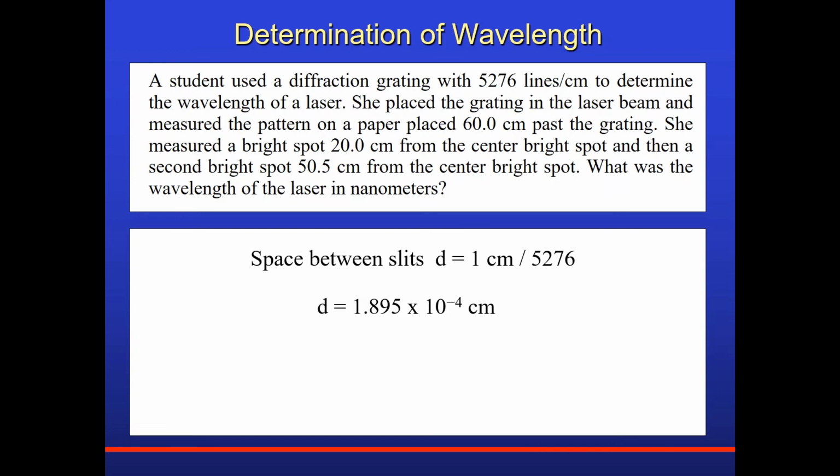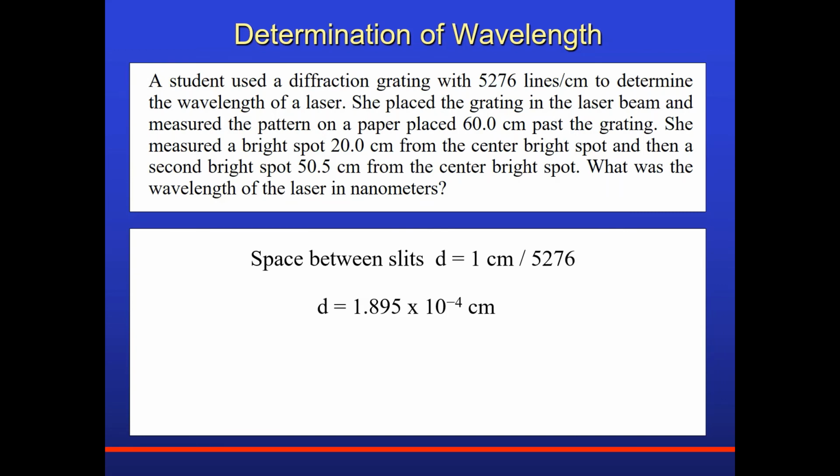But remember, the answer at the end, the wavelength, is going to be in nanometers. So the simplest thing is to convert this to nanometers right at the start. How do we do it? Well, we have centimeter.